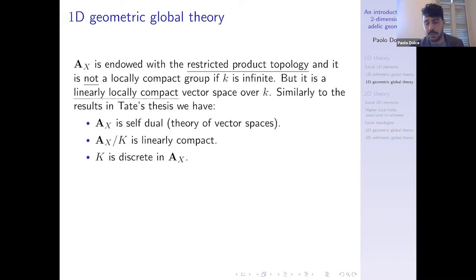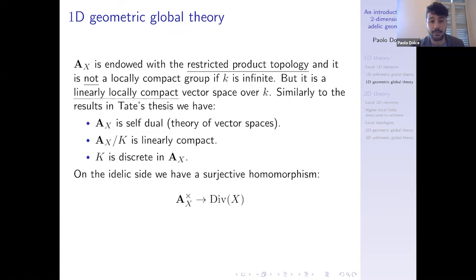Okay, so as you can see, formally we have the same properties I mentioned earlier for number fields, but here we're talking about vector spaces. Now we have just a remark. We have a natural map from the adeles to the group of divisors, and actually we can lift the notion of degree of a divisor to the adeles.